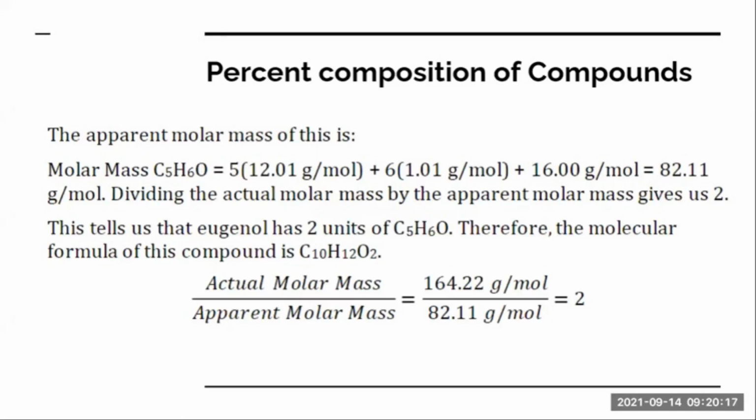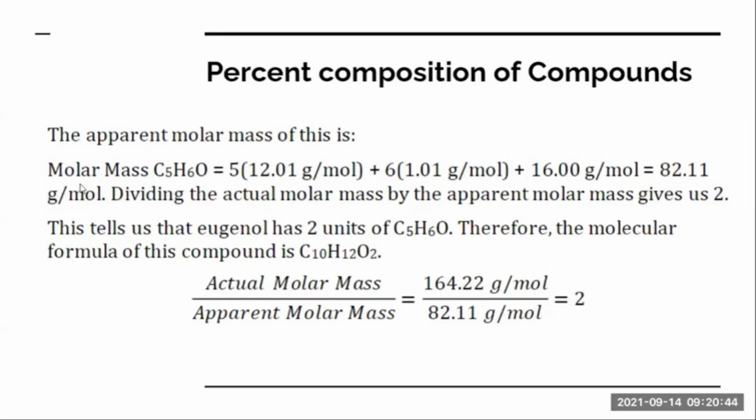So the apparent molar mass of this, if we take the molar mass of this empirical formula C5H6O1, we will have 82.11 grams per mole. So again, 5 carbon atoms, 6 hydrogen atoms, 1 oxygen atom. So 82.11 grams per mole.